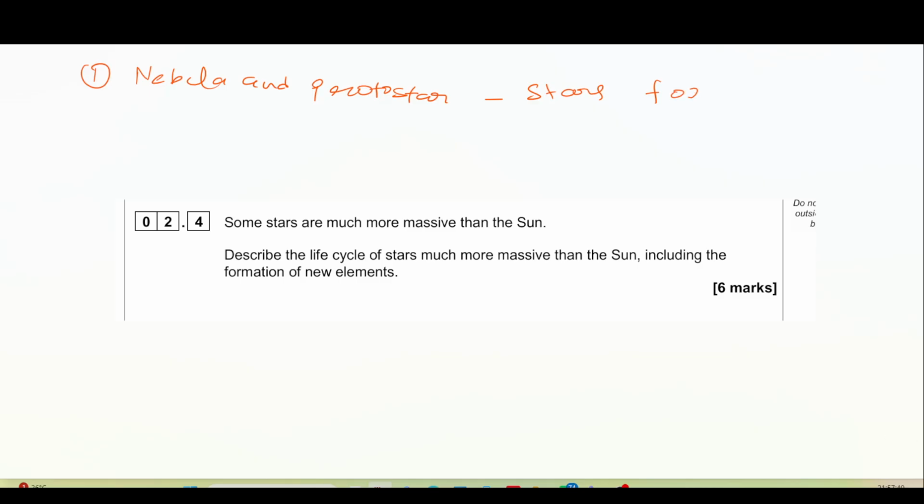Stars form from a cloud of dust and gas, which is called nebula.